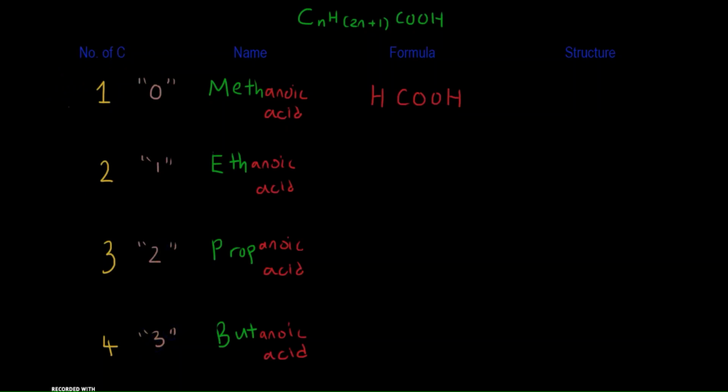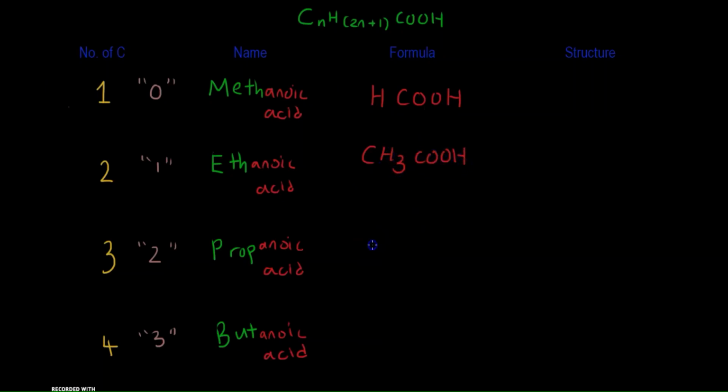Because if you really sub in number of C equals 1 here, so C1, H, 2 times 1 is 2, plus 1 is 3, you should actually get CH3COOH as the first one. But that's not the case, because you get HCOOH instead. So what you have to do really is to sub in 0 in this case, in order to fulfill this. I know this is a little weird, but it's really just for this chapter. The other chapters make more sense. Just endure for this chapter.